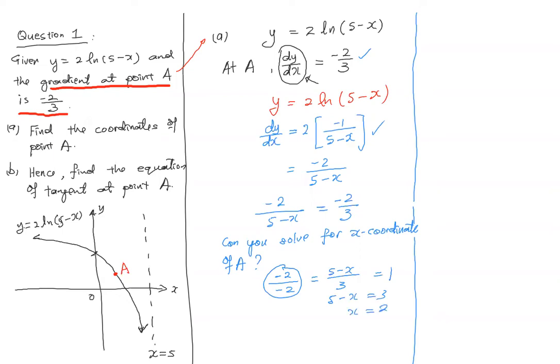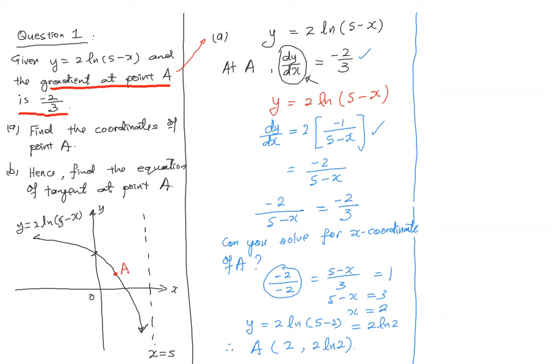So when I get x equal to 2, I want to know y, right? So y will be equal to 2 ln 5 minus 2. I sub the x. So I got 2 ln 2. So therefore, my coordinate A is 2 ln 2.